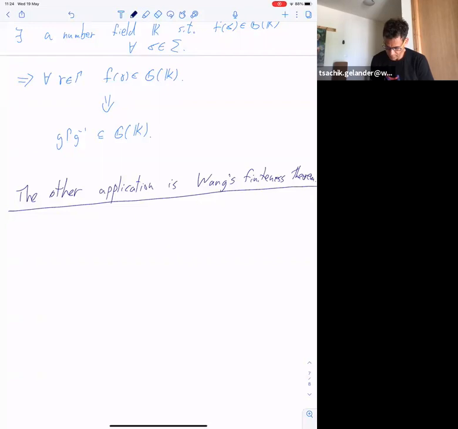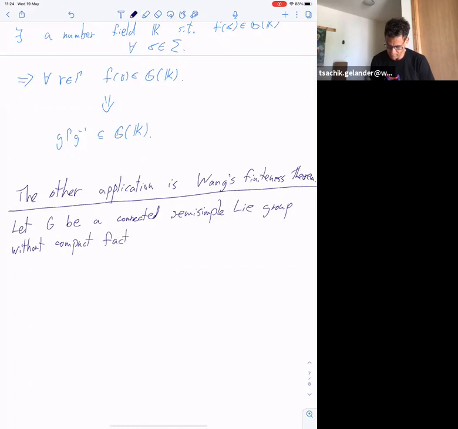So let G be a semi-simple Lie group. Actually, in all the statements I formulated in the first hour, I should always assume that it is without compact factors. I sometimes forget to write it.